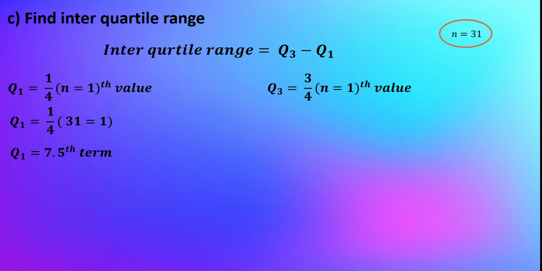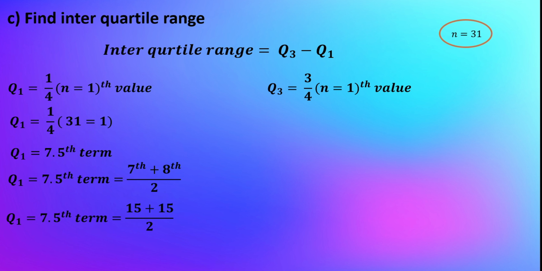How do we find the 7.5th term? The 7.5th term is between the 7th term and the 8th term. So just add those numbers and divide them by 2. Then you will find our Q1. In this case, our 7th term is 15 and our 8th term is 15. If you divide them, you get 15.